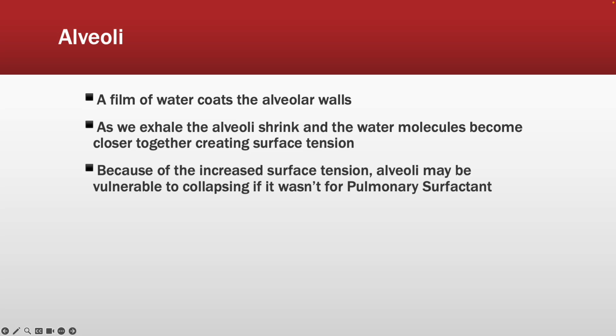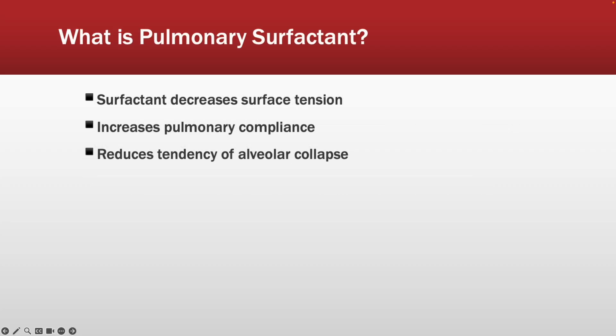Because of the increased surface tension, the alveoli may be vulnerable to collapse if it wasn't for pulmonary surfactant. That's what keeps them open. So what is surfactant? Surfactant decreases surface tension, increases pulmonary compliance, and reduces the tendency of alveolar collapse.